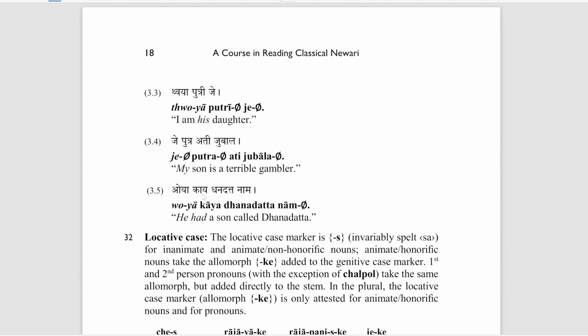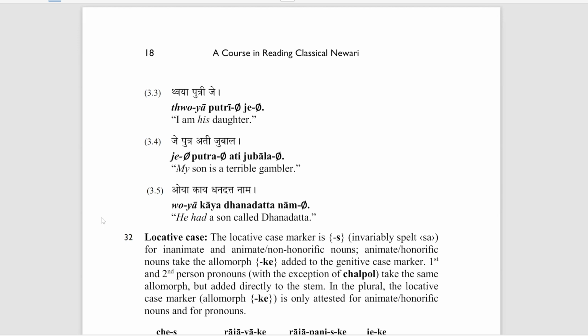Anyone would like to do this? The wo is just the distant one. Yes, tall is this one, and wo is that one. So that person, his son.